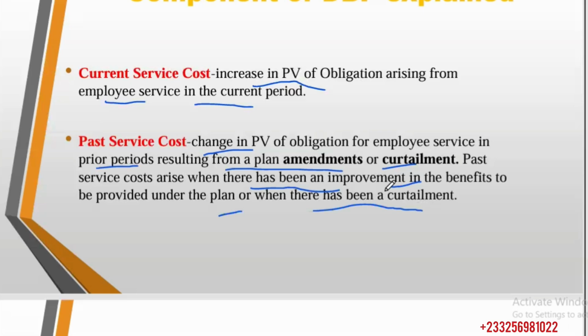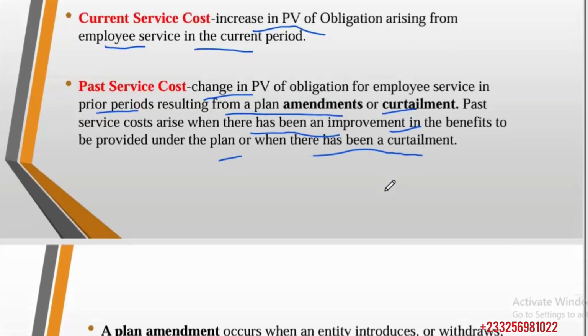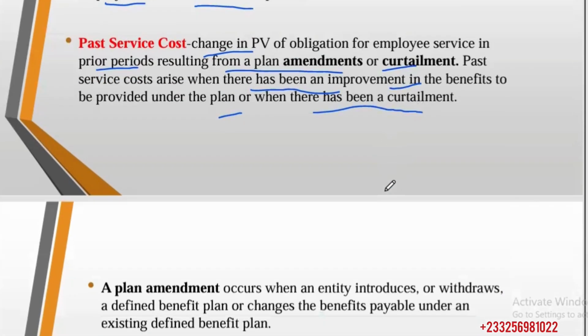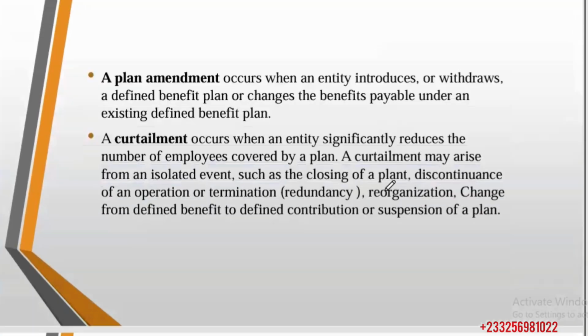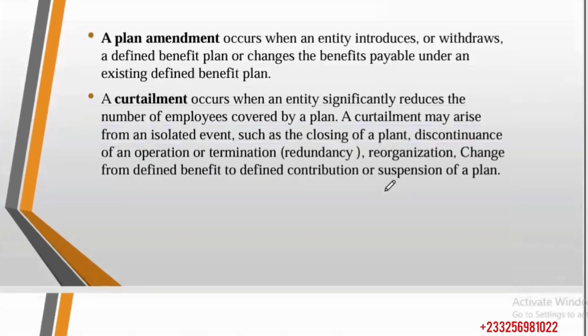So let's look at what amendment and curtailment are. It says here amendment occurs when an entity introduces or withdraws a defined benefit plan, or changes the benefit payable under the existing defined benefit plan.